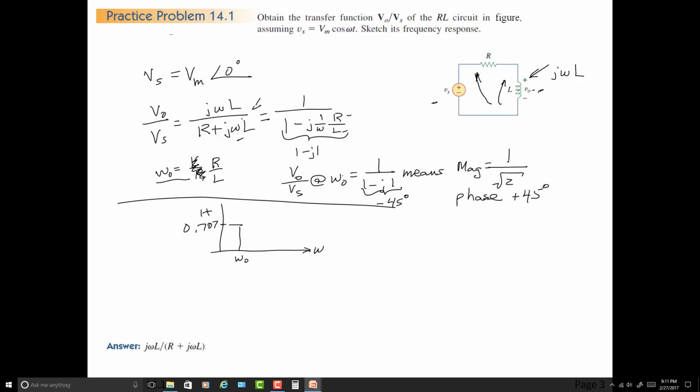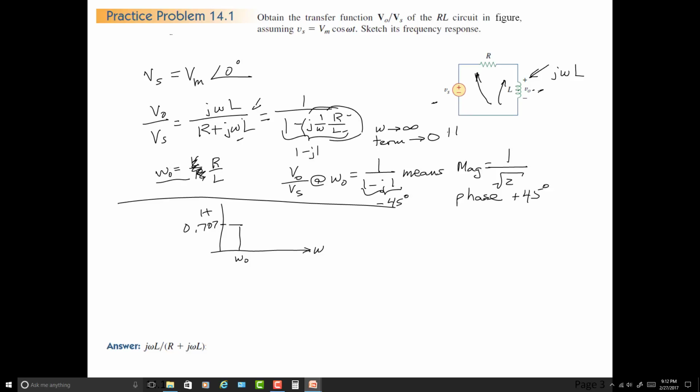If we let the frequency go on out to infinity, then omega gets really large, and this term approaches 0.